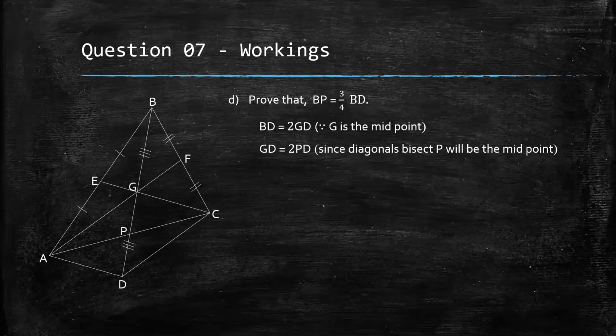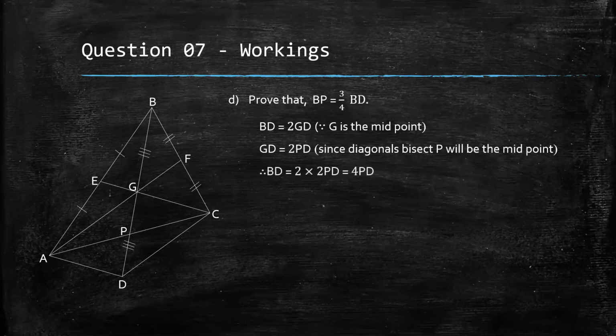Now work on your own on the figure. Find out where GD is and where PD is, and how he takes that 2 PD. Since diagonals bisect, P will be the midpoint.